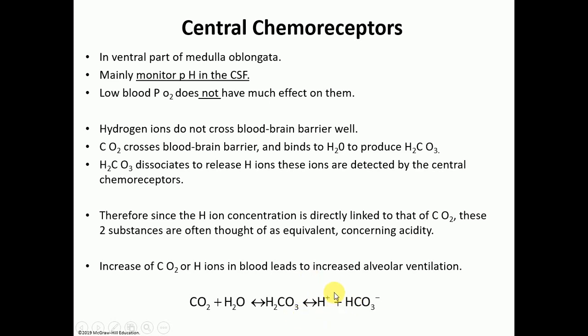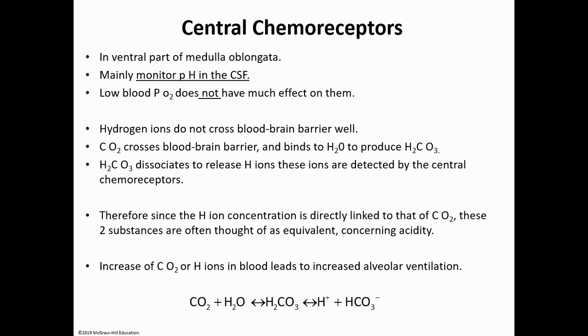Okay, so this is how hydrogen reaches the CSF surrounding the brain and surrounding the spinal cord. So it's the pH levels and the levels of the partial pressure of carbon dioxide that are going to stimulate the central chemoreceptors in order to breathe faster.